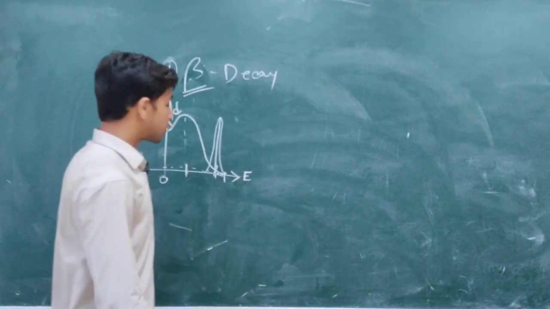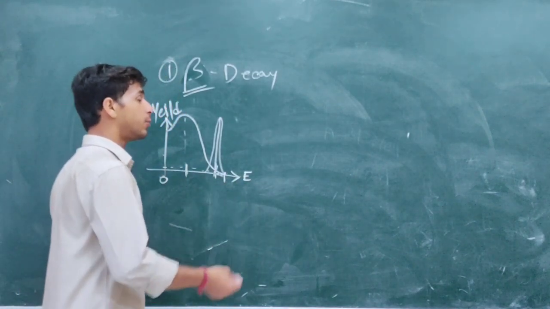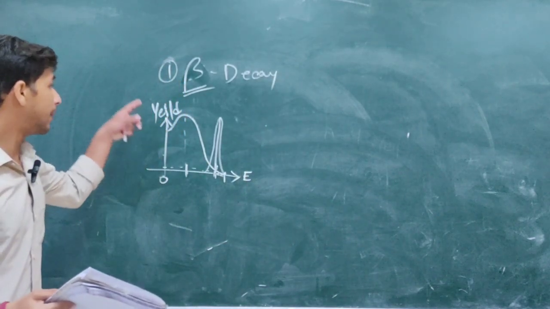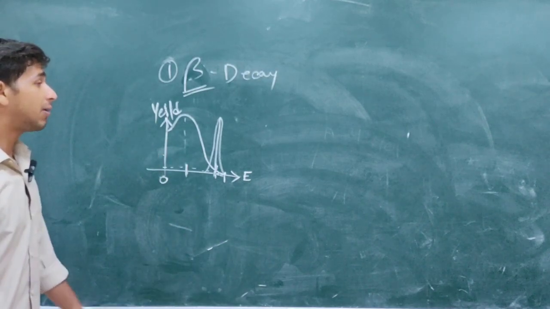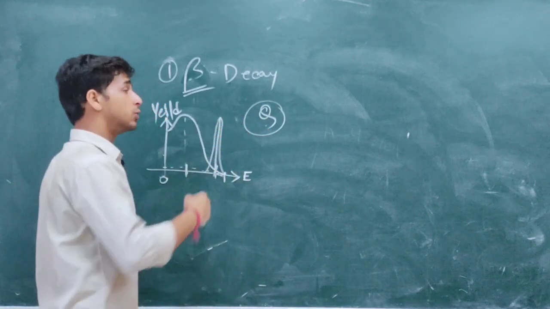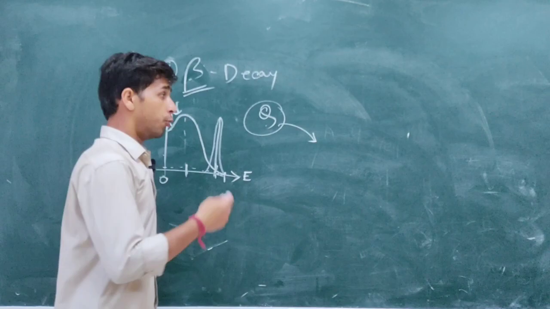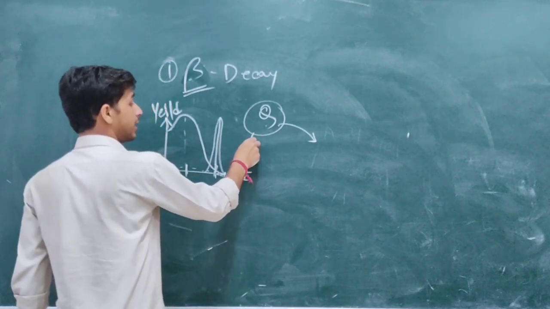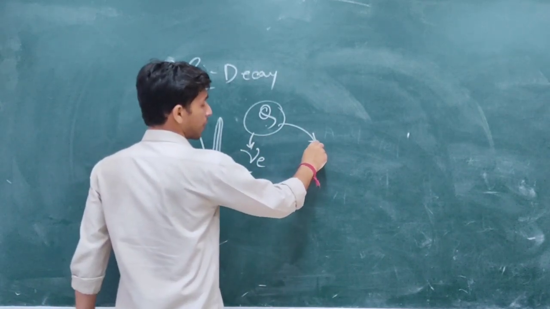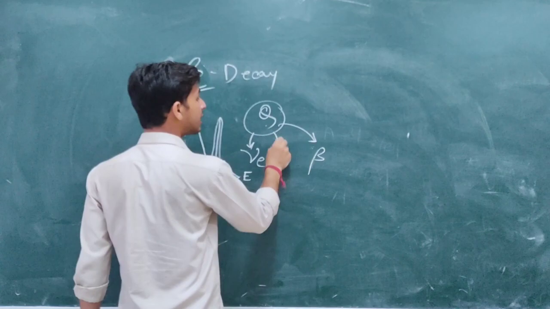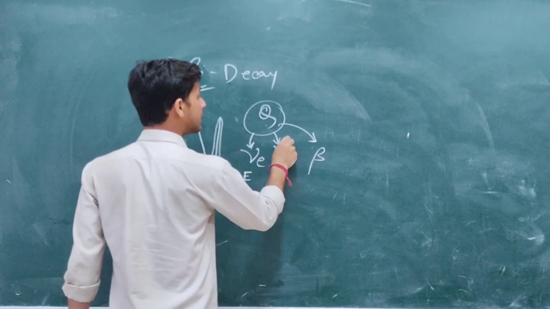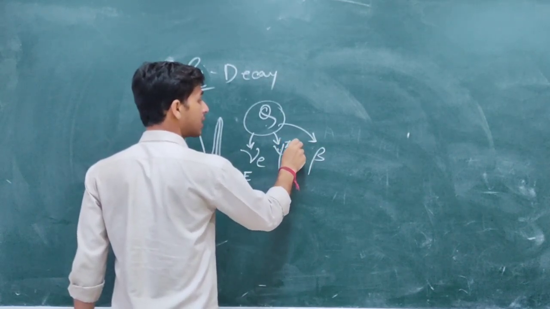So in beta decay, scientists assumed a particle called the neutrino takes the other energy emitted from this kind of nuclear reaction. In this case, the energy, that is the Q value, will be shared between the neutrino, the beta particle and the daughter particle, that is Y with Z minus or plus 1.